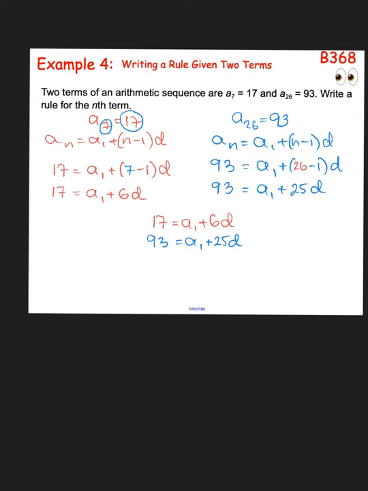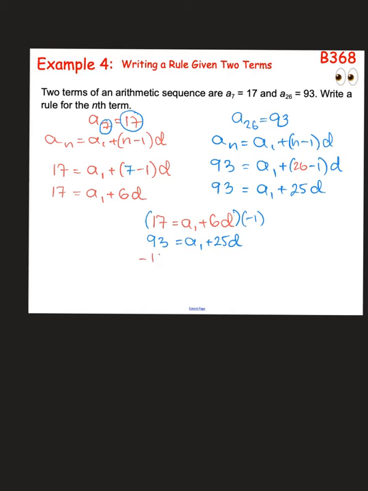You remember from the warm-up problems that solving a system of equations can be done by substitution or by elimination. I am going to do elimination, which means I will multiply my first equation by -1 and write it under the second equation.